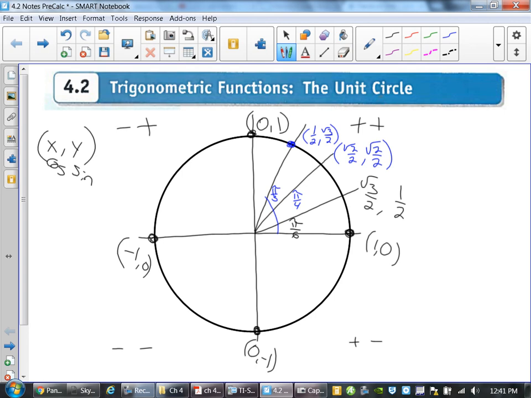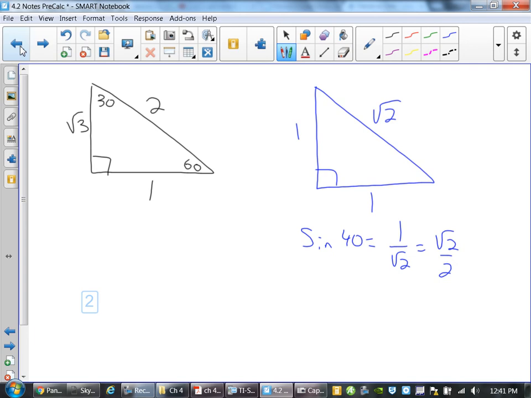I keep going back to this, and I stressed this so much last year in Algebra 2, as long as you know how to draw those 2 triangles, and know how to convert a 30 into a radian, and a 60 into a radian, and a 45 into a radian, you're going to be just fine.